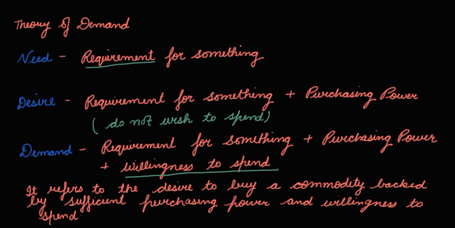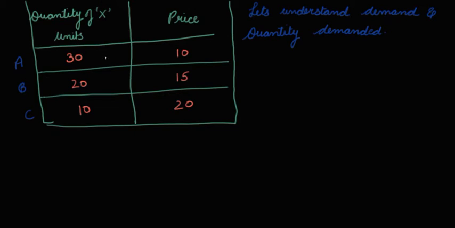Now here I have made a table in which there is a good x. We can take x, y, z, similarly as we assume in our mathematics. So there is one good x, and its corresponding price is given. This table is of an individual. Let's understand what this table shows. At the price of 10, the quantity a consumer is buying is 30.